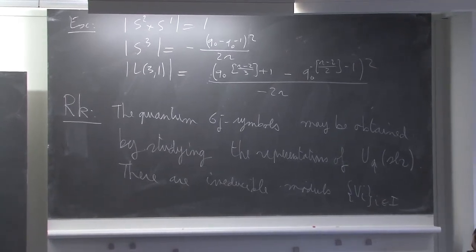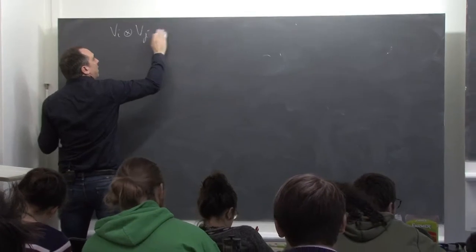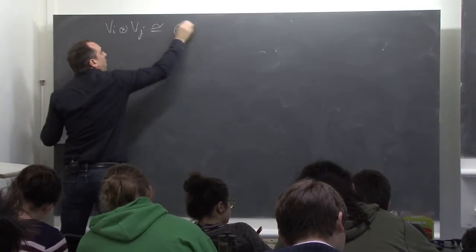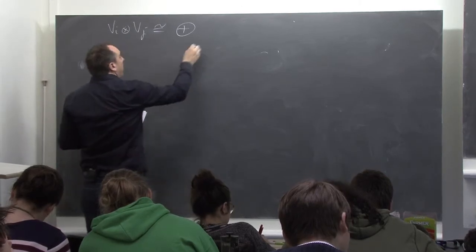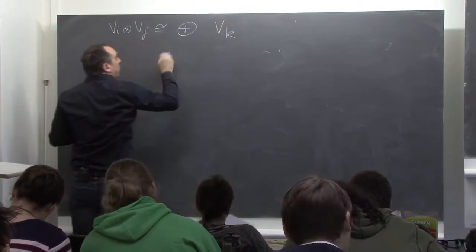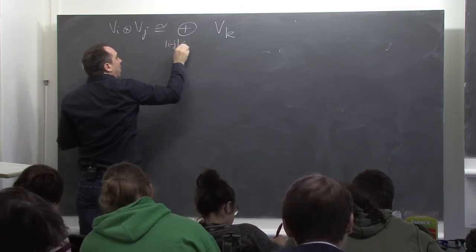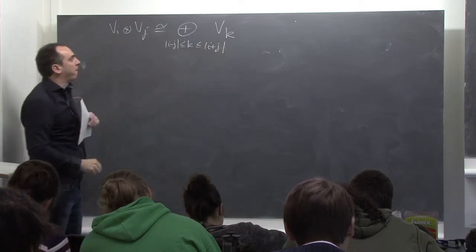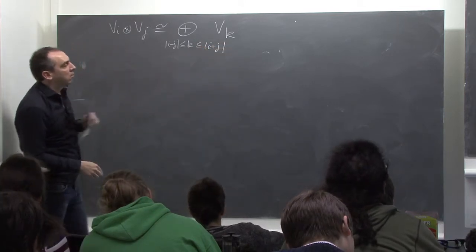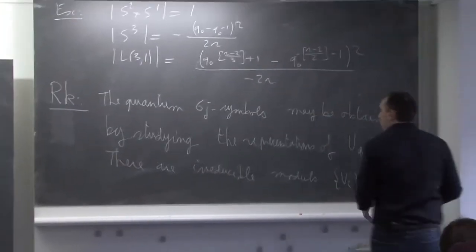This means that Vi tensor Vj is isomorphic to a sum of Vk, with k from I minus j to I plus j. So it's not difficult to find these modules.